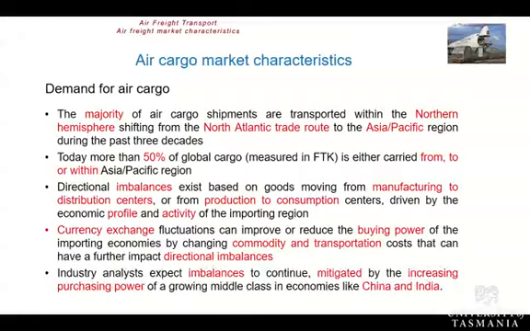Now, industry analysts expect these imbalances to continue, notwithstanding the fact that in Asia, in China and India, there are growing middle classes. So growing middle classes are going to demand more high-tech, high-quality goods, which could make a change to that particular imbalance.